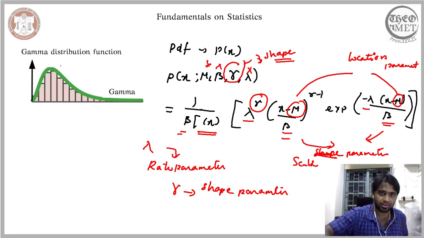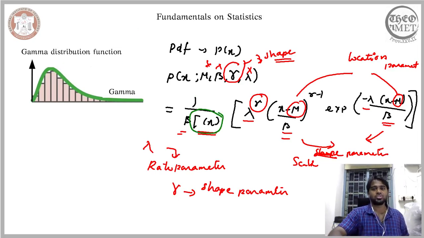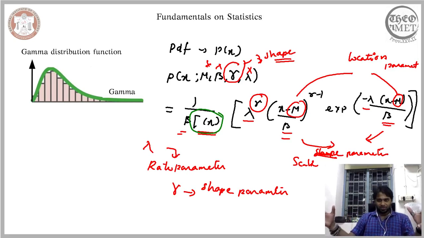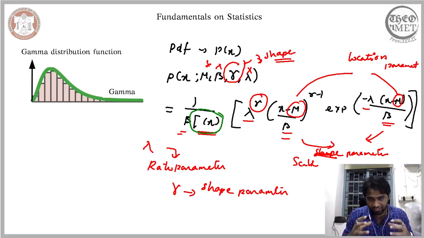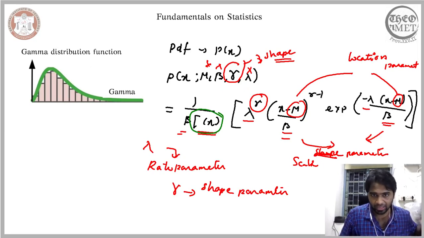In addition to that, we have our characteristic gamma function associated with the PDF of the gamma distribution. So the comprehensive expression, the complete rigorous way of writing the PDF of the gamma distribution, is of this form. Here you have the involvement of all four parameters in addition to the gamma function.